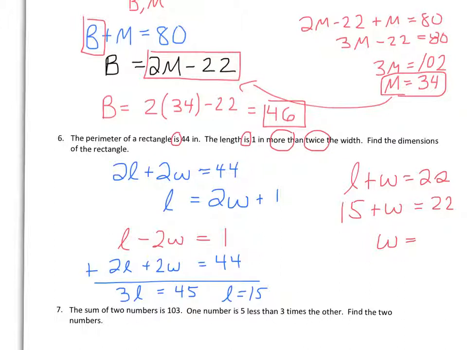Let's call on Angel. How big? 15 plus what is 22? Nope, it's not 9. It's 7. Use a calculator. So W is 7, your L is 15. So this is the dimensions of the rectangle.